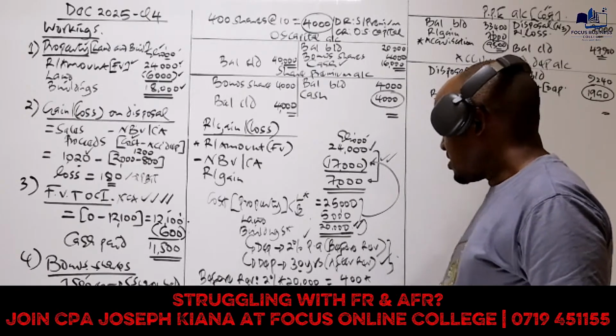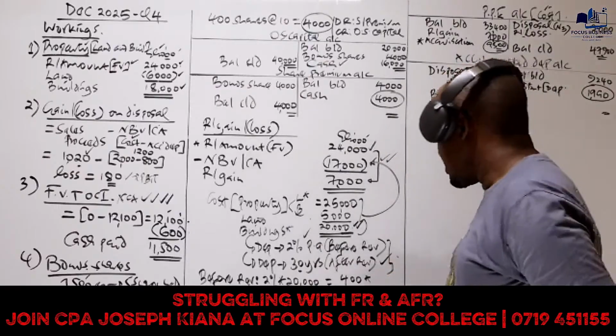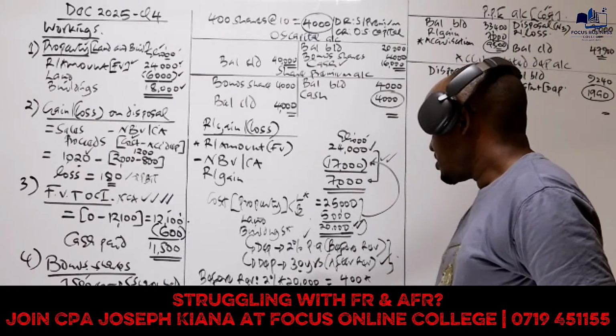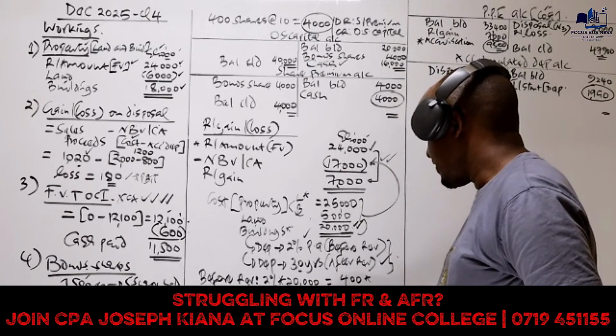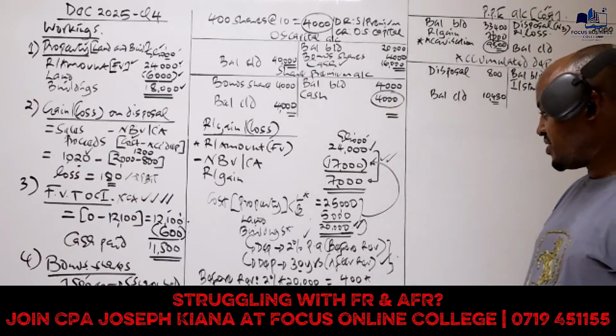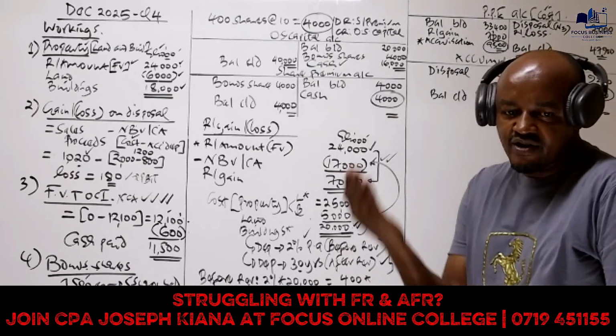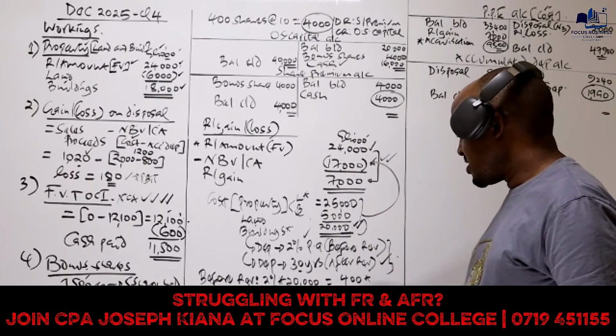No. Let me put it like this instead of giving a double entry. This excess depreciation is deducted from the revaluation gain. The reason why there was excess depreciation is because the assets were revalued upward. So this one is basically deducted from the revaluation gain.